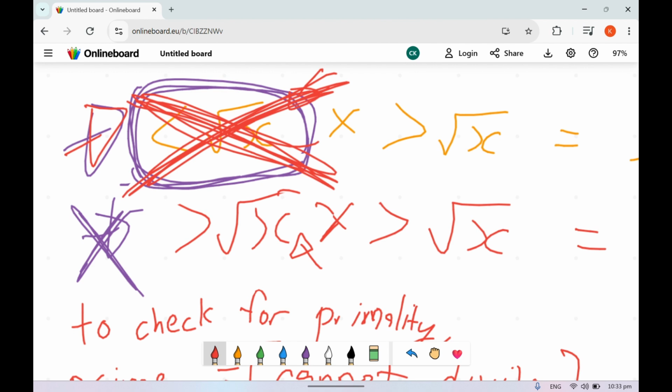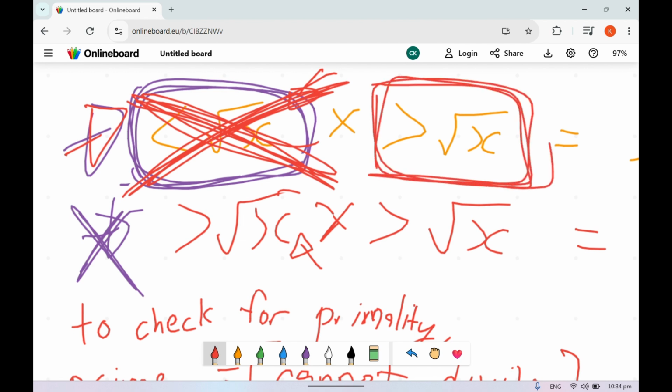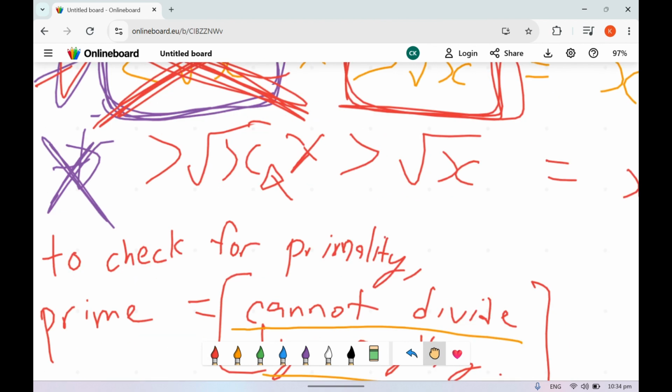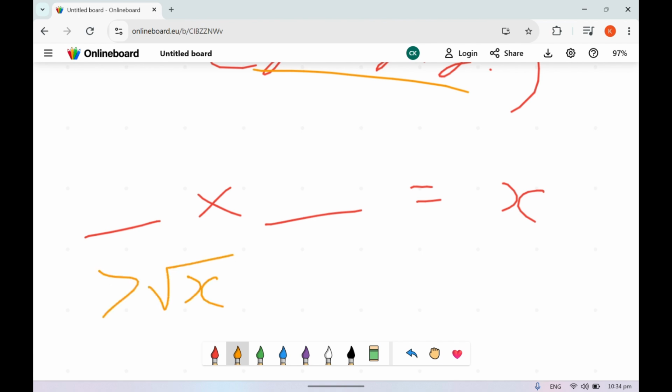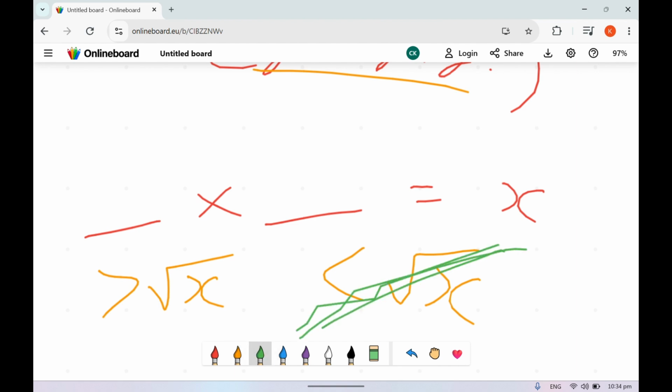Which means that the only factor you could possibly get will be the things that are more than the square root of x. So, under the condition of something times something equals x, there are two things we can put here. We can put more than the square root of x or less than the square root of x. Okay, but here's the problem. We have already proven that by dividing, this option is gone.